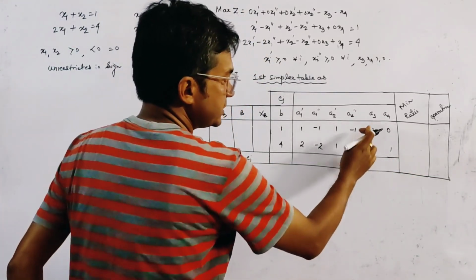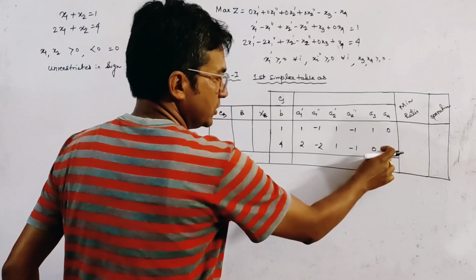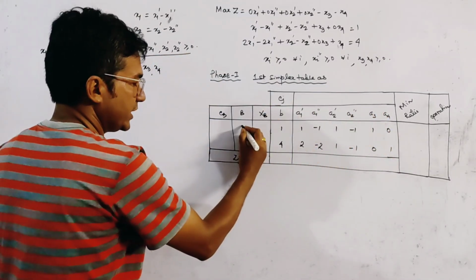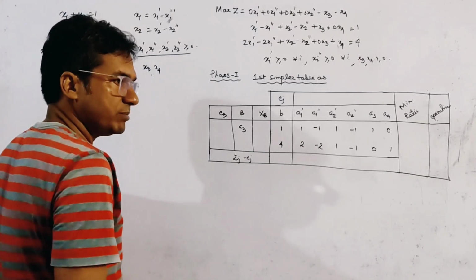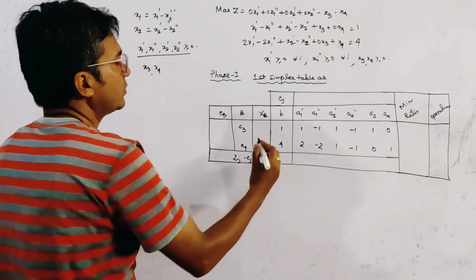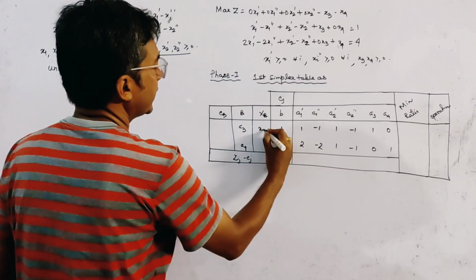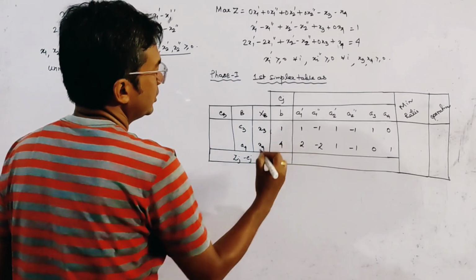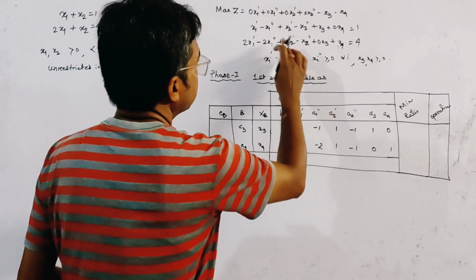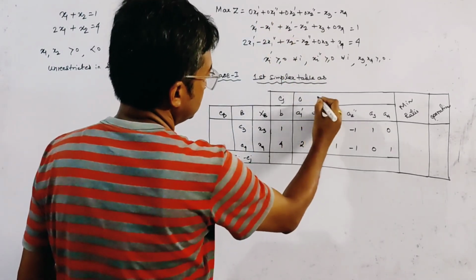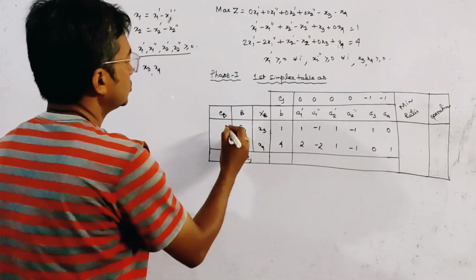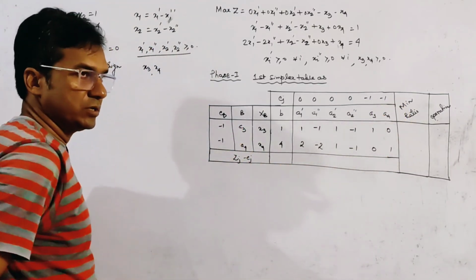Clearly the standard basis is (1,0) and (0,1), so the vectors a3 and a4 are in the basis, with basic variables x3 and x4 and cost coefficients CB of -1 and -1.